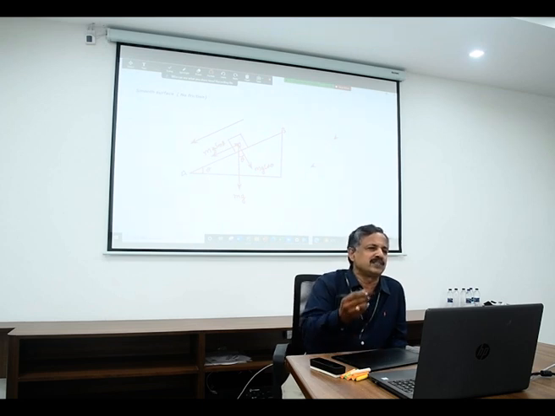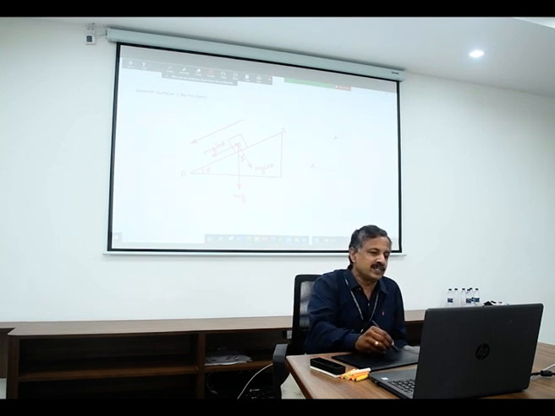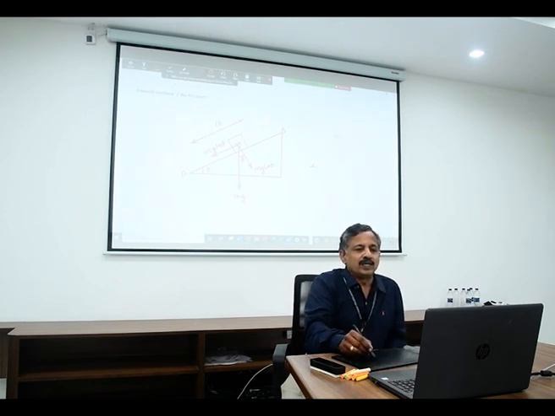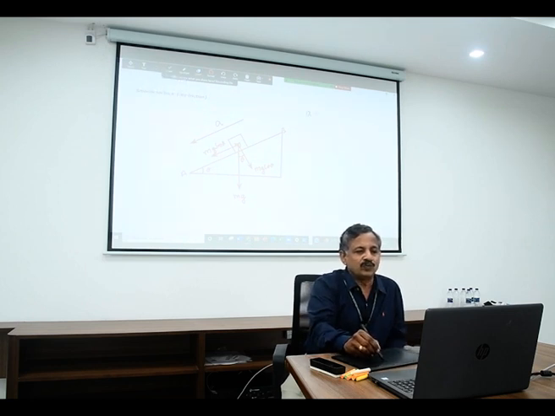We find the children sitting on a slide go on their own. They get accelerated as they come down. That means there is an acceleration. Now we can find the acceleration. Acceleration is equal to what? Acceleration is equal to force per unit mass. Am I right? Force per unit mass.